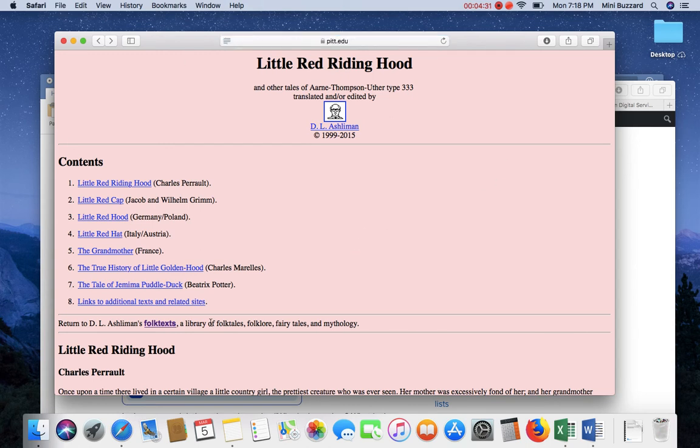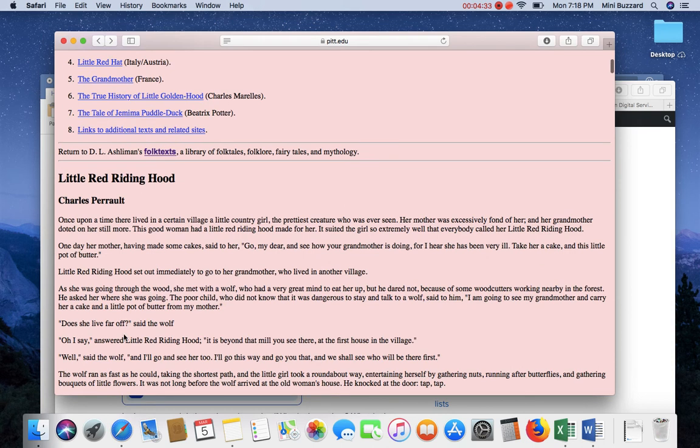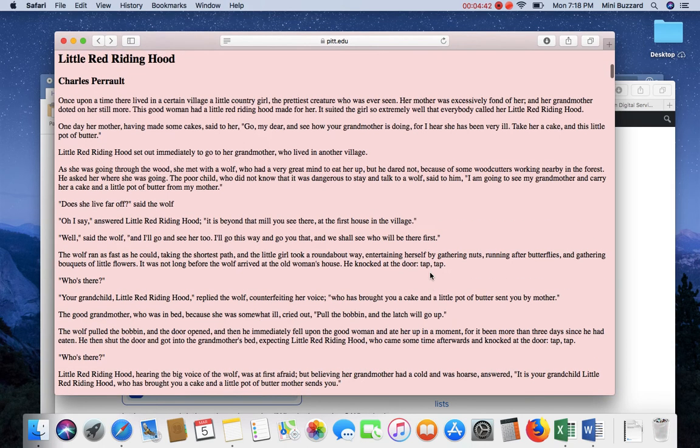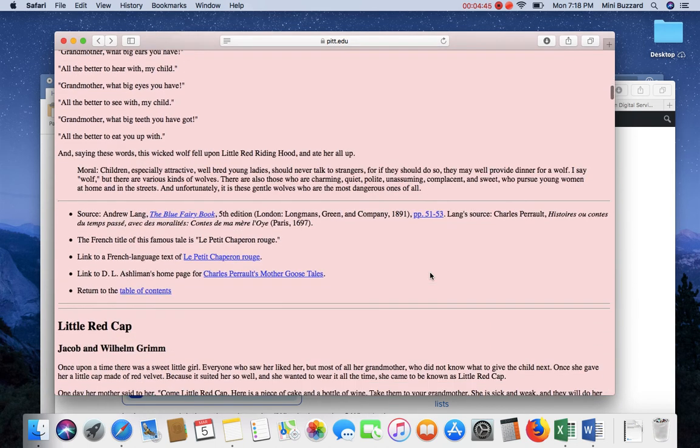That's what you want to kind of think of with these containers. And so at first glance, we have found a short story by an author on a website. When we start learning a little bit more about the source as we scroll down and look around, we realize that the person that posted this on their website got it from this guy who published it in his book, The Blue Fairy Book, in 1891.